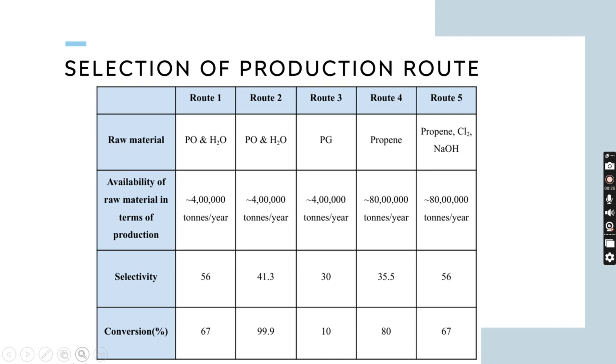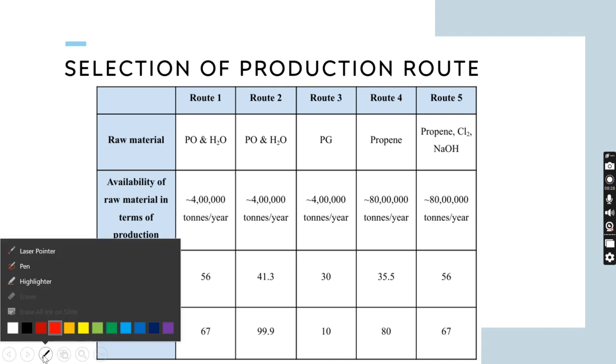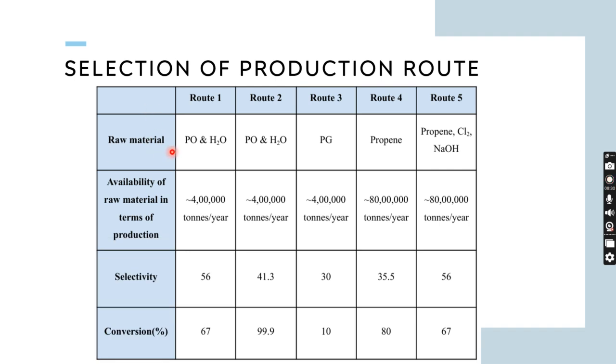If you consider raw material wise, route 1 has raw materials of propylene oxide and water, route 2 propylene oxide and water, route 3 propylene glycol, route 4 propene, and route 5 propene, chlorine, and sodium hydroxide.